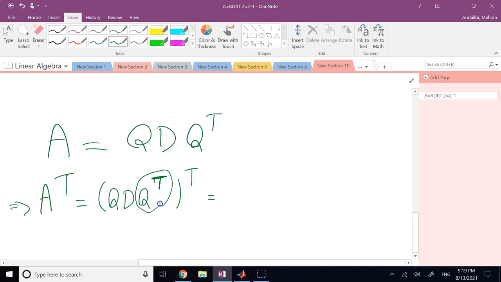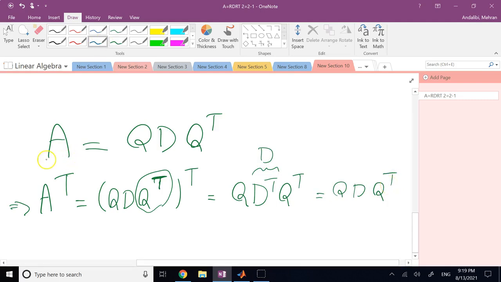So it's going to be transpose of this one. Transpose of transpose is Q itself. It's going to be D transpose, and this is going to be Q transpose. And since D is a diagonal matrix, transpose of it is the same as D. So it's going to be Q, D, Q transpose. Look at that. I wrote A as Q, D, Q transpose. A transpose is also written the same way.